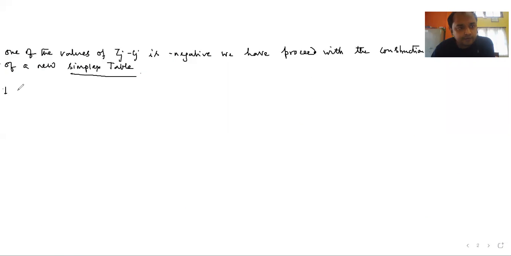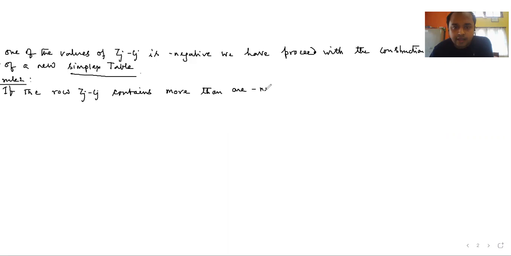Rule number 2: if the row zj minus cj contains more than one negative value, select the most negative number from them.